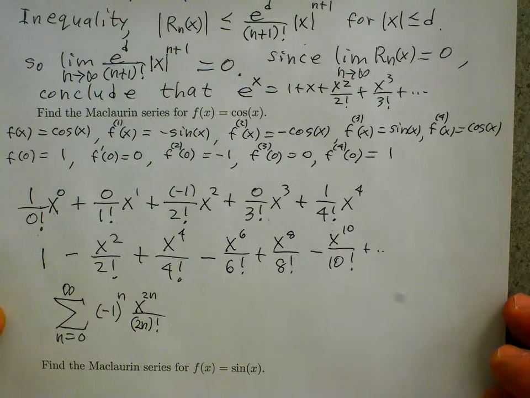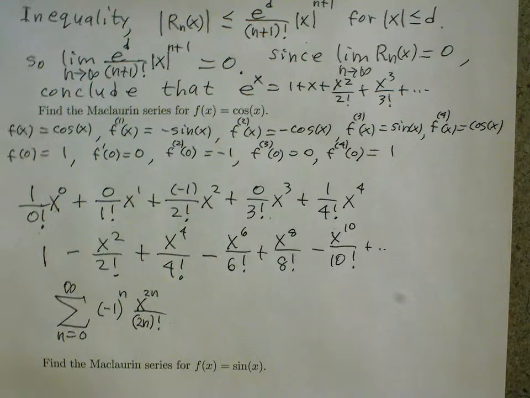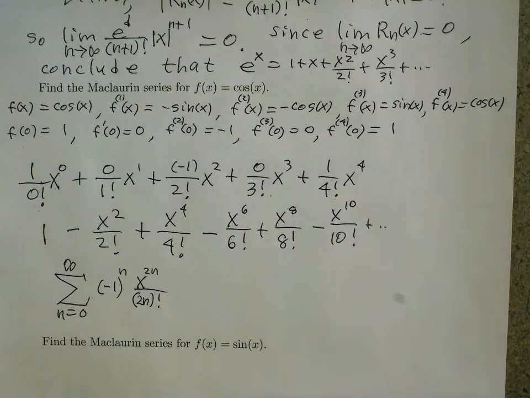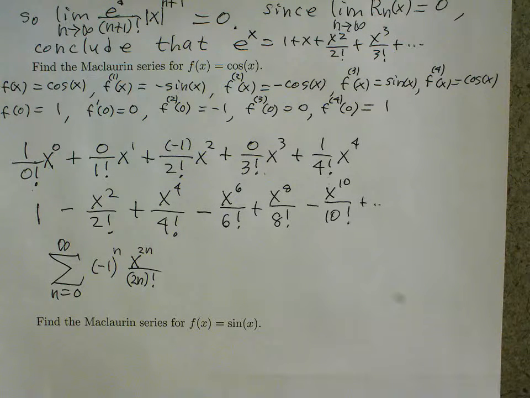Okay, now let's find the Maclaurin series for f of x equals sine of x. Well, I didn't leave much space, but we don't need much space. All we have to do is what?